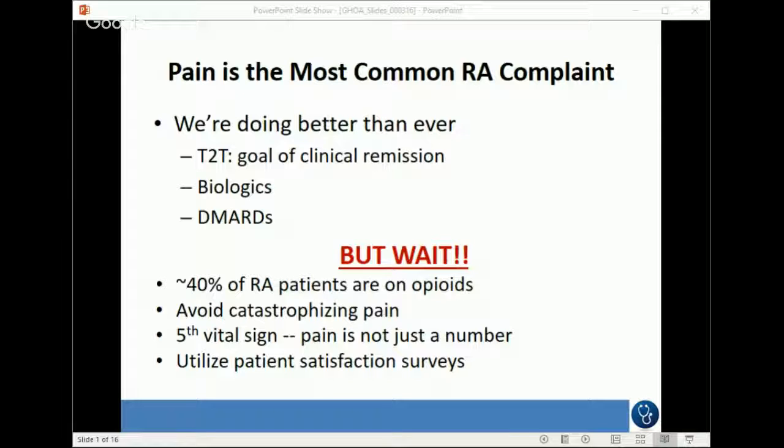It's not just a number. One of the docs said yesterday, if I don't give opioids, my patient gives me a bad rating, so I have to give opioids, right? I don't think that's the answer. So that's what we're going to talk about today, is how we can empower our patients with knowledge to help them manage their pain, so their satisfaction survey shows that they're part of the plan.